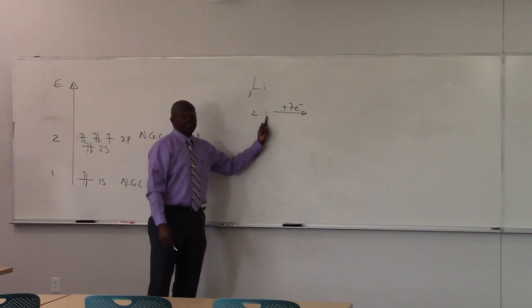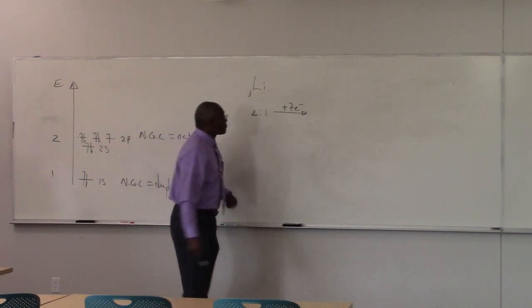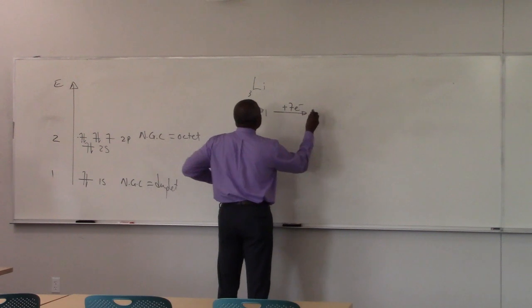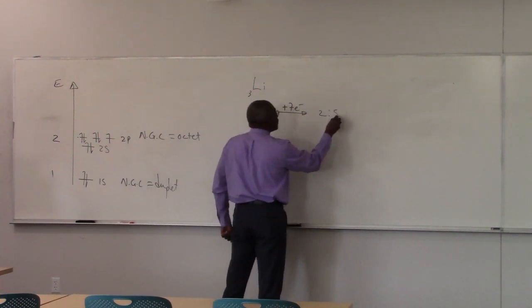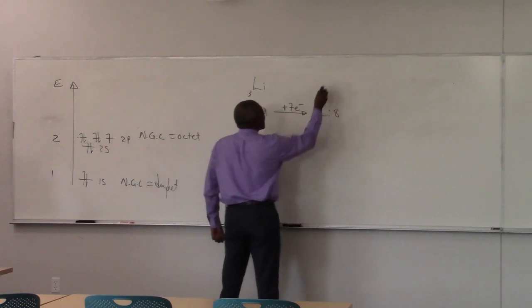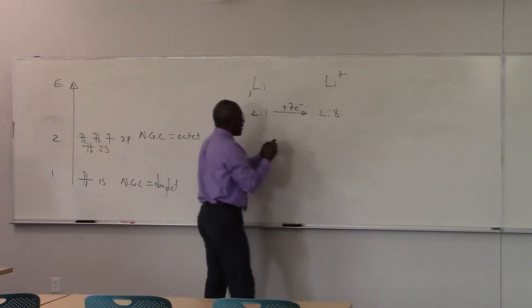So if you have 1 electron in this shell, one option is to gain 7 electrons and become 8. So lithium could gain 7 electrons and become 2, 8. But what would happen is lithium would have a charge of 7 minus.